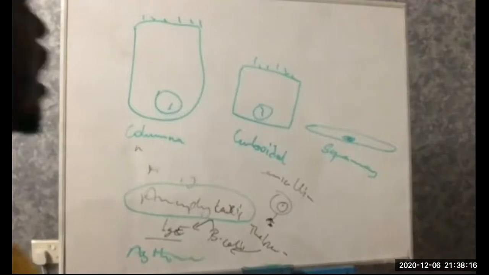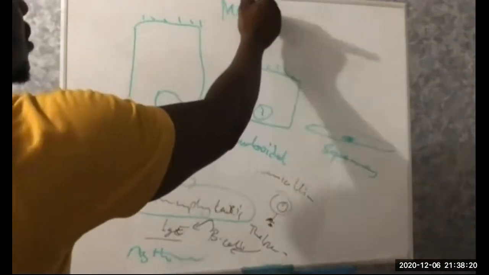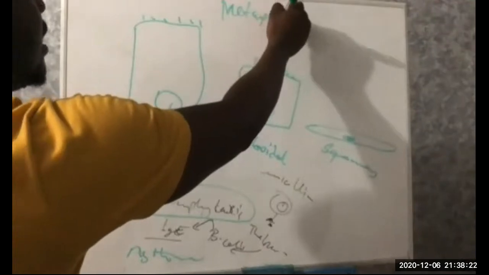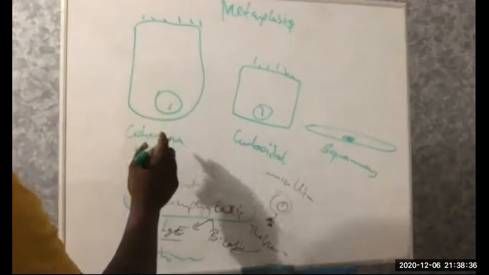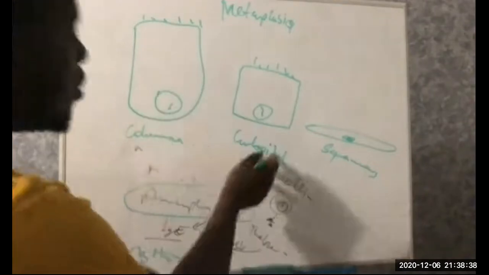Now listen. When we talk about metaplasia, it means that wherever you are taking the cell sample from, if the resident cells are columnar and they change from columnar to cuboidal, we say it is metaplasia.